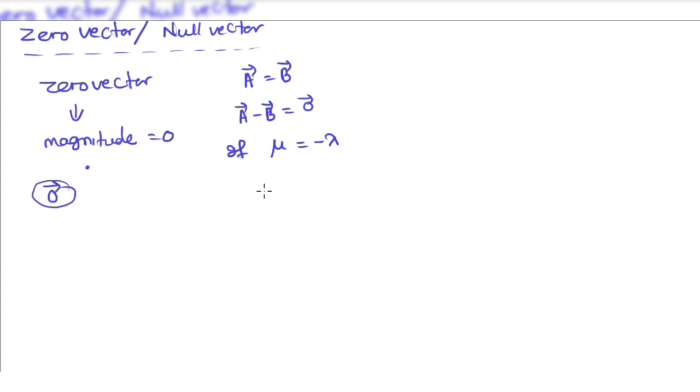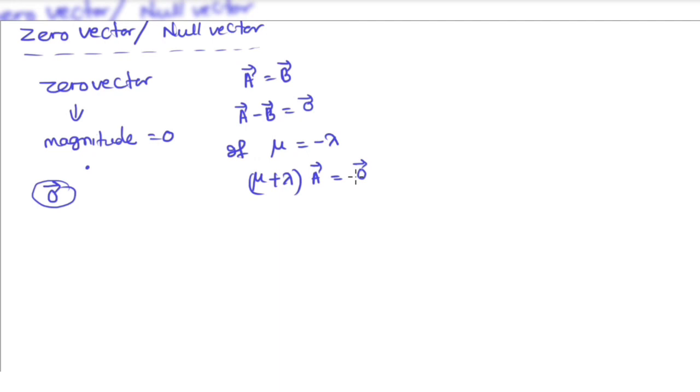Then tell me, if I write mu plus lambda into a vector, then what will be the answer? If mu is equal to minus lambda, then mu plus lambda will be equal to 0. And when I multiply 0 with any kind of vector, then the result will also be a zero vector. Is that clear?